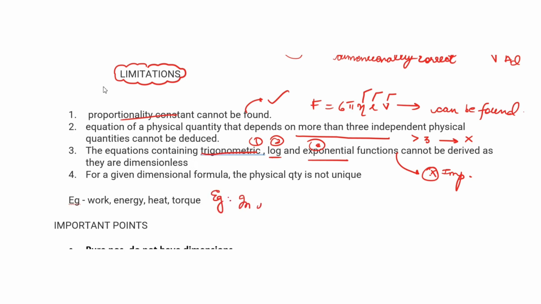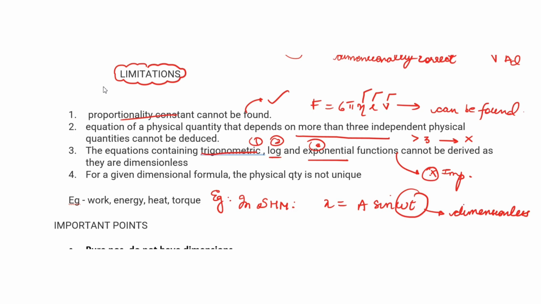In SHM, you will learn this equation: x is equal to a sine omega t. So, what did I tell you? The trigonometric function is dimensionless. So, this omega t is dimensionless. This example is simple. We already know that omega is nothing but the angular frequency.